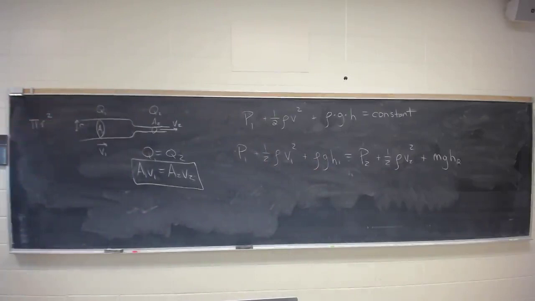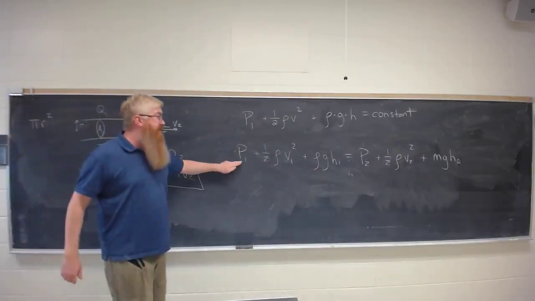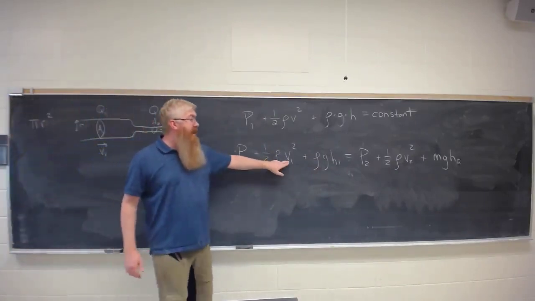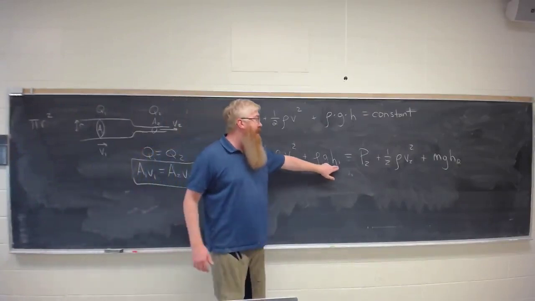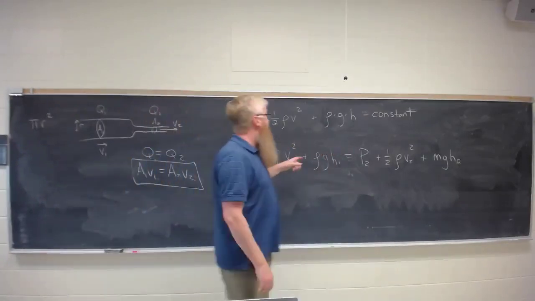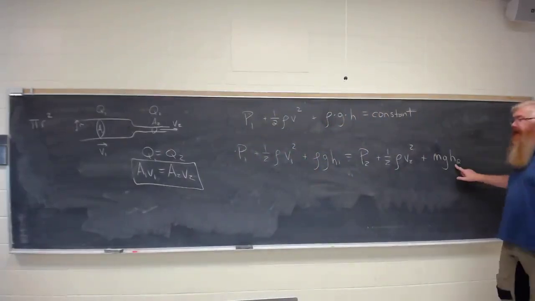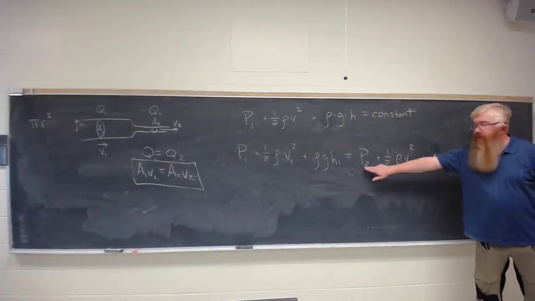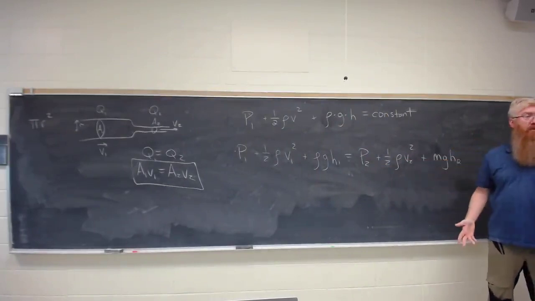Everything on one side of the equation has to be at the same moment in time. Whatever the pressure is at this point in the fluid, the velocity at that point, and the height at that point, all have to occur at the same point in the fluid. Then if I change the height, I'm at a different height, so I have to have either a different pressure or a different velocity or both.